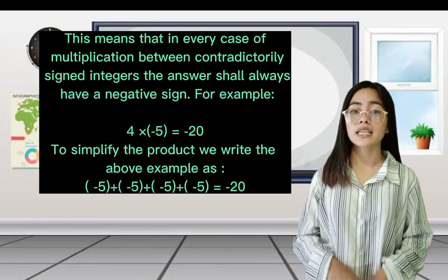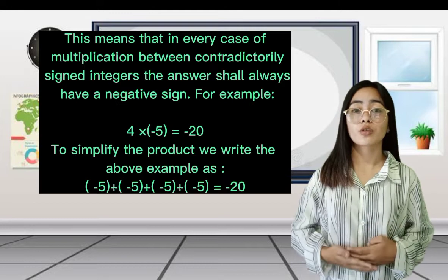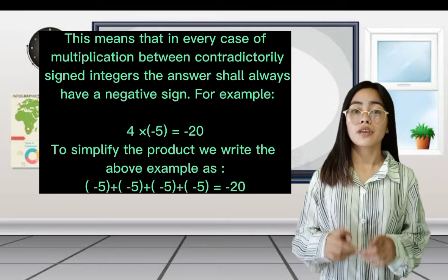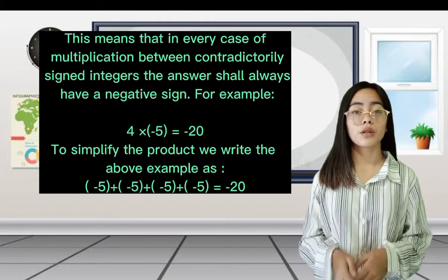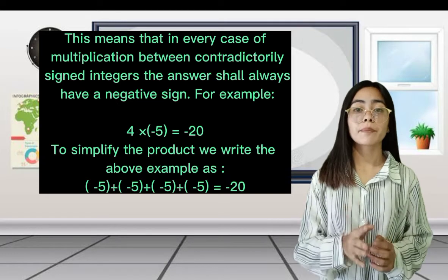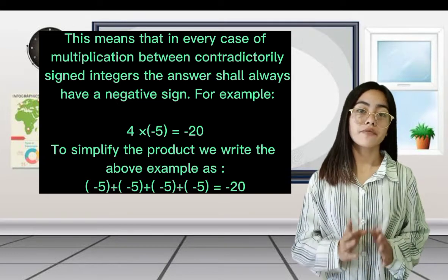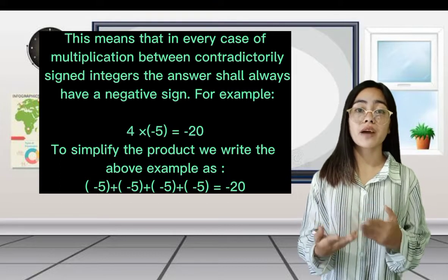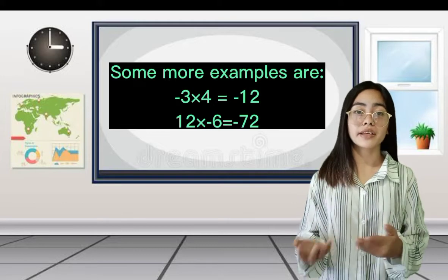This means that in every case of multiplication between oppositely signed integers, the answer shall always have a negative sign. For example, 4 times negative 5 equals negative 20. To simplify the product, we write the above example as negative 5 plus negative 5 plus negative 5 plus negative 5 equals negative 20. Some more examples are these.